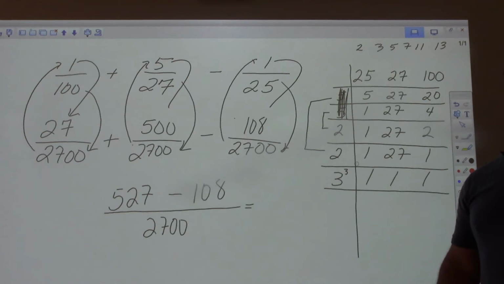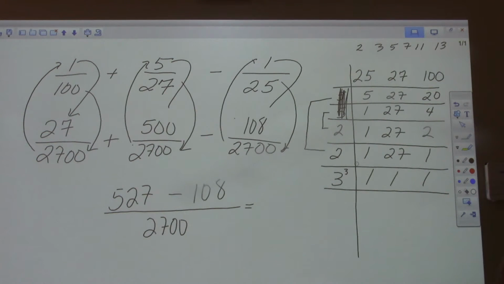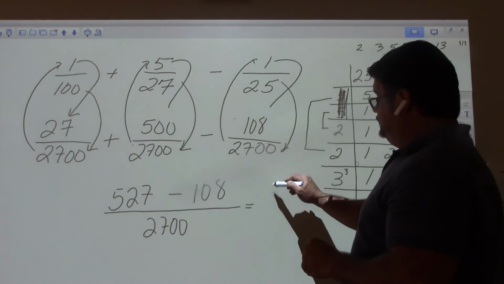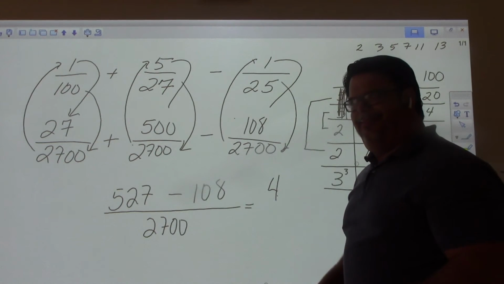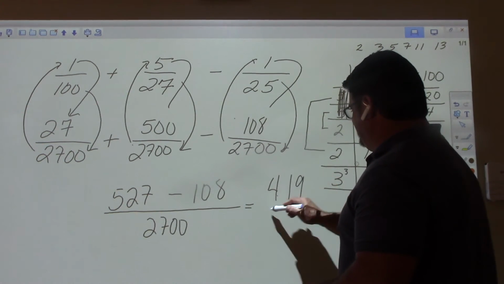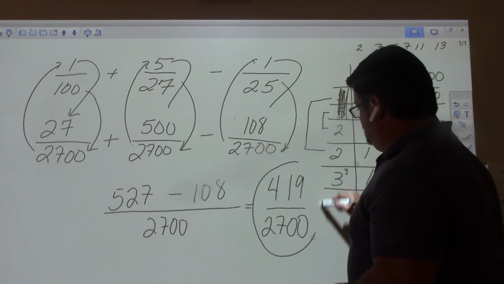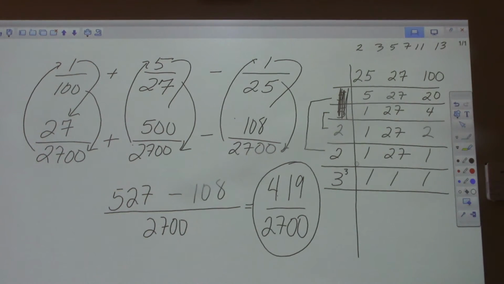All right, 527 minus 100 is 427. 427 minus 8 is 419. Now you get that answer. 419 over 2700. And some of y'all just did this without a calculator.